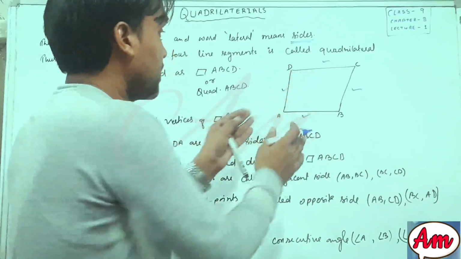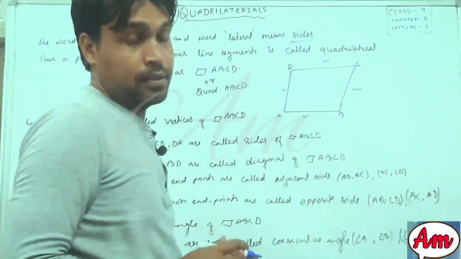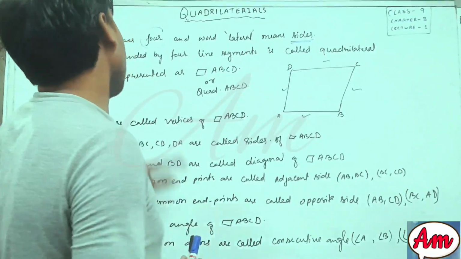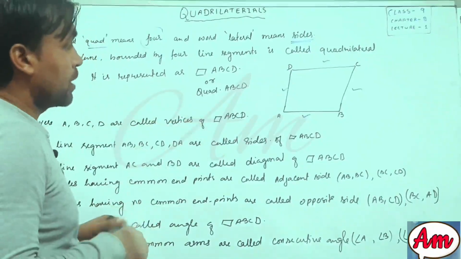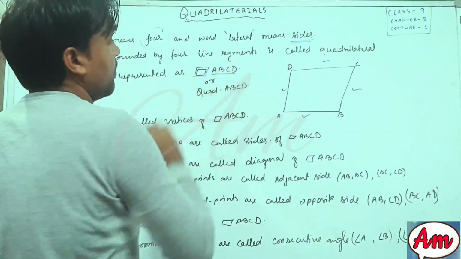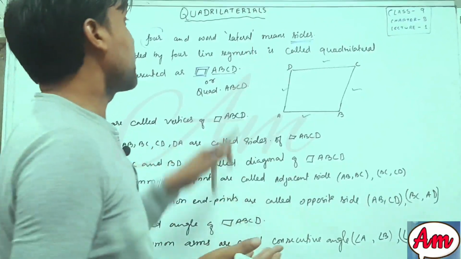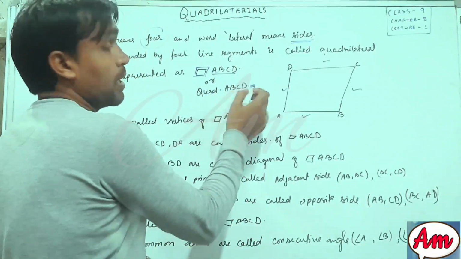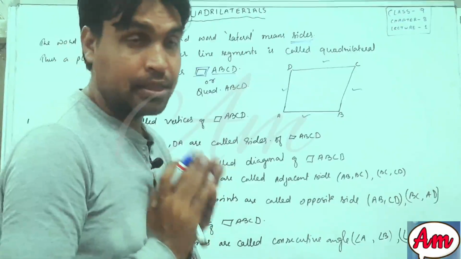So this plane is bounded by 4 line segments, and it is called a quadrilateral. We represent a quadrilateral by this symbol. You draw this symbol like this and write ABCD. That means quadrilateral ABCD. Or you can write quad dot ABCD. We can represent it in this manner.